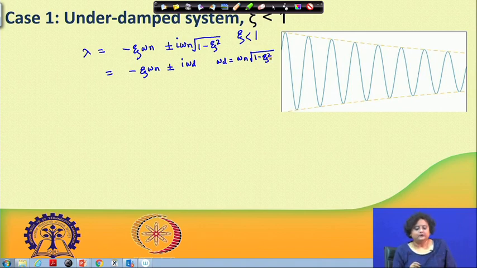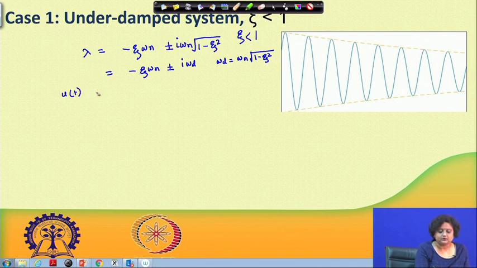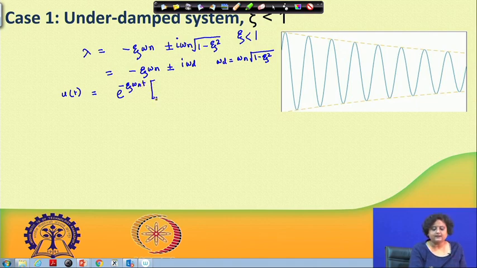Now let us write down the response of the system. The response is going to be e to the power minus zeta omega n t, as I have already solved in the last slide, into C1 e to the power i omega d t plus C2 e to the power minus i omega d t.